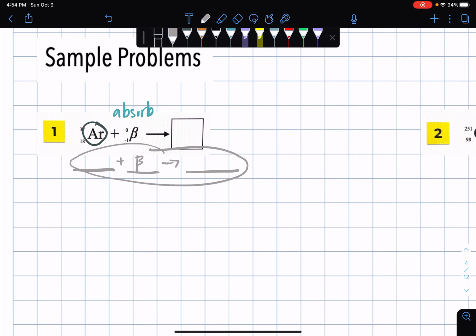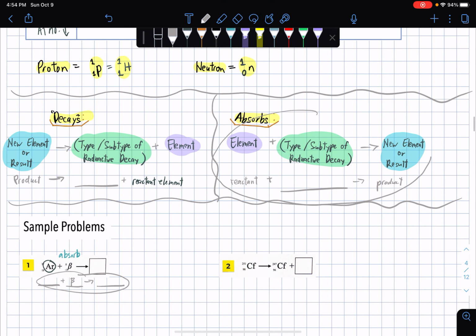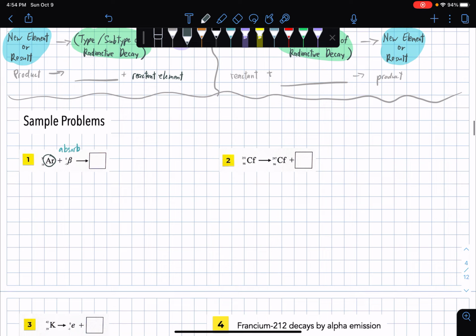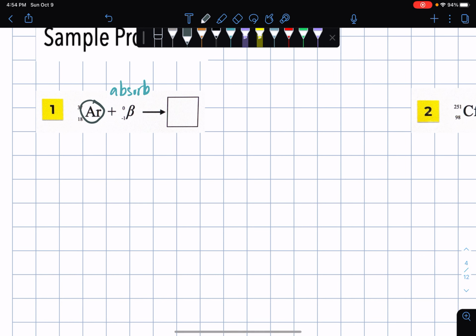This is the system for absorbs. Sorry, the atomic mass is 37. So nothing changed. 37 plus 0 is still 37. 18 minus 1 would be 17.